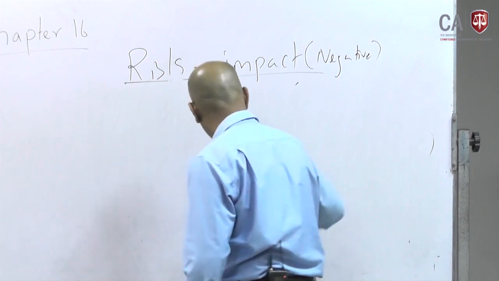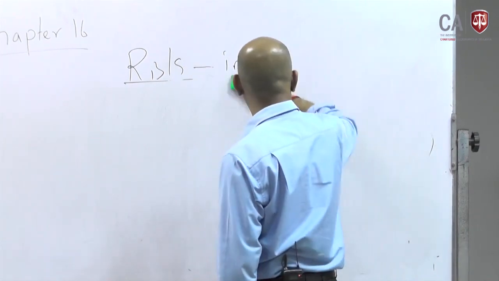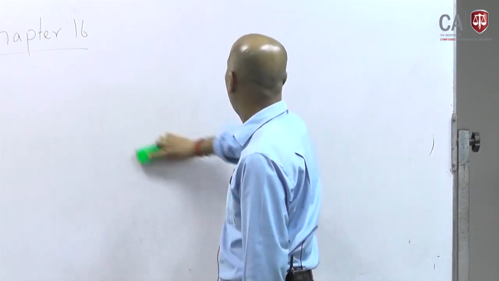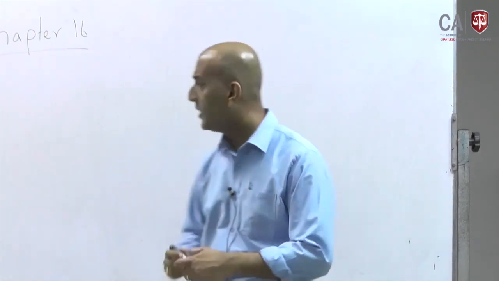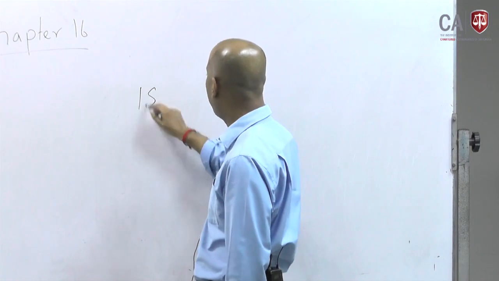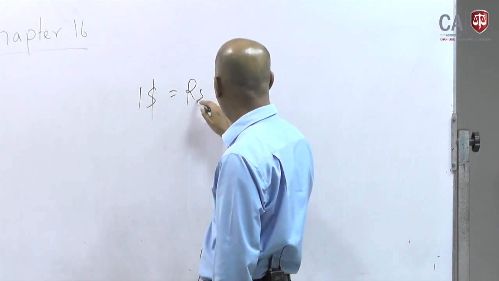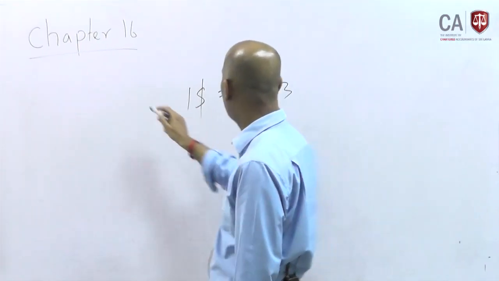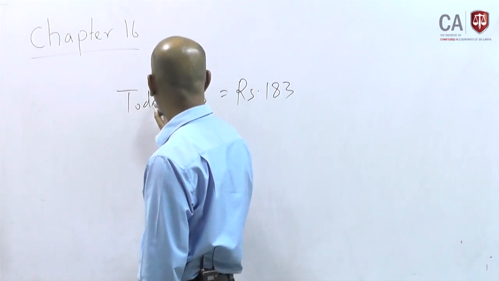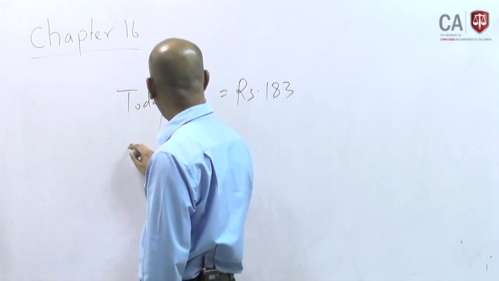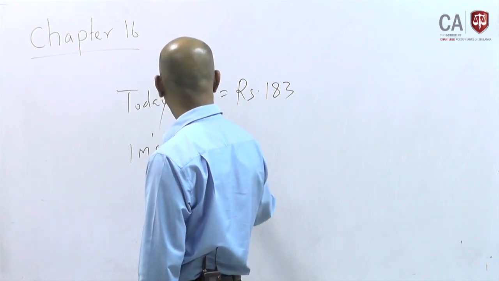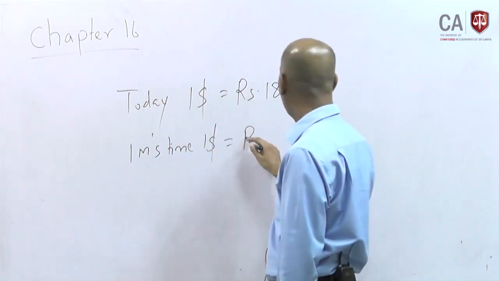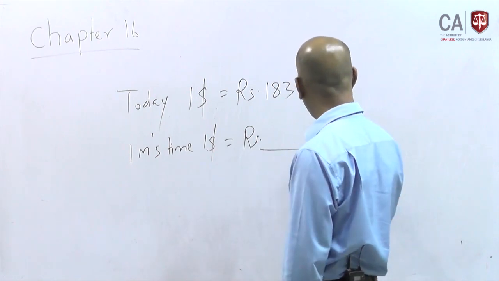Then there is a slight discussion I would like to make on the parity theories. So example, $1 today is 183 rupees. This is today. Say 1 month's time, $1 could be rupees, we don't know.